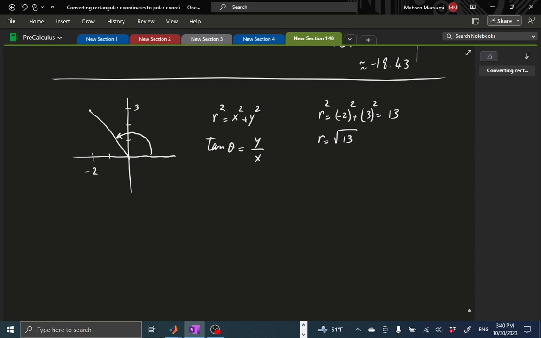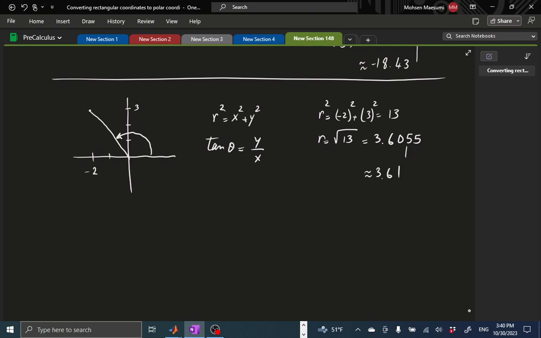So square root of 13, let me just type it while we are here, 3.6055. So when I round it to 2 decimal places, 3.61.